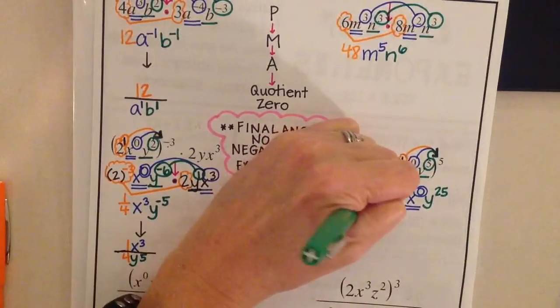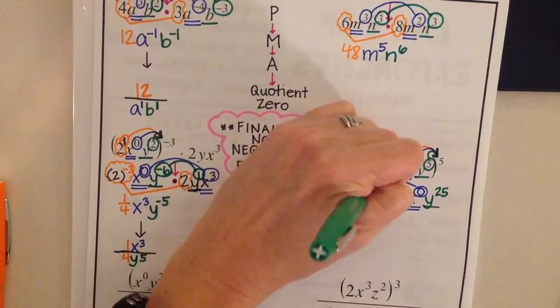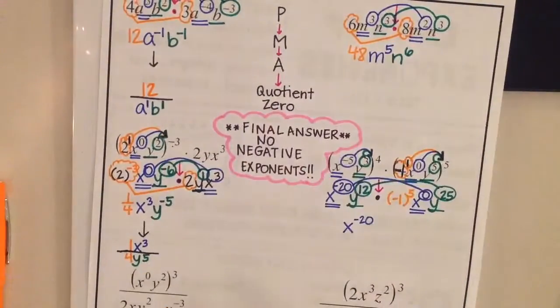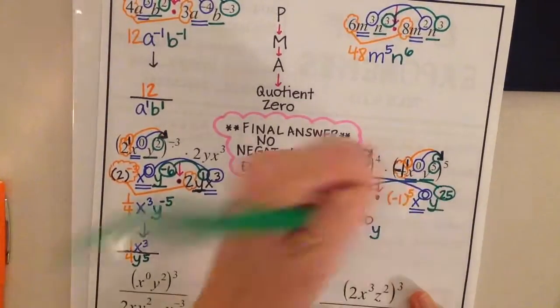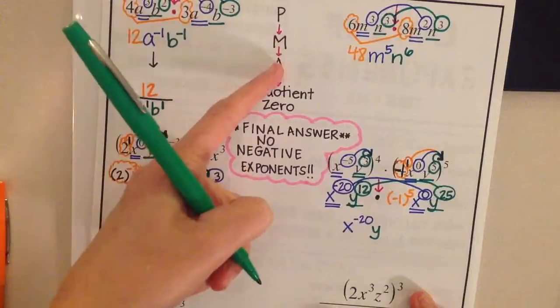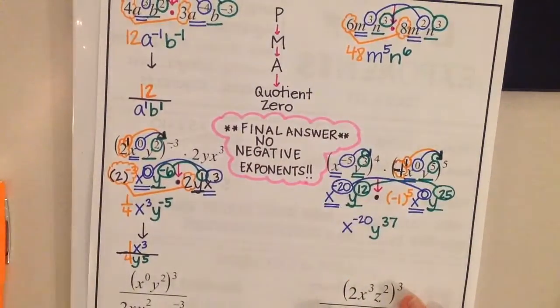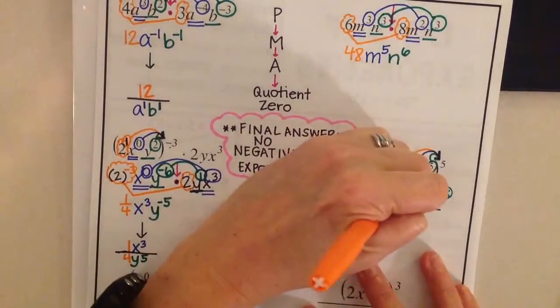Next base, y. And I've got 12 and 25. You can see how this gets a little confusing, but if you have color, it really helps separate everything out for you. I've got y. And I'm going to add, because remember, multiply really means we're adding the exponents, and I should get 37. Okay, we've got one more base.